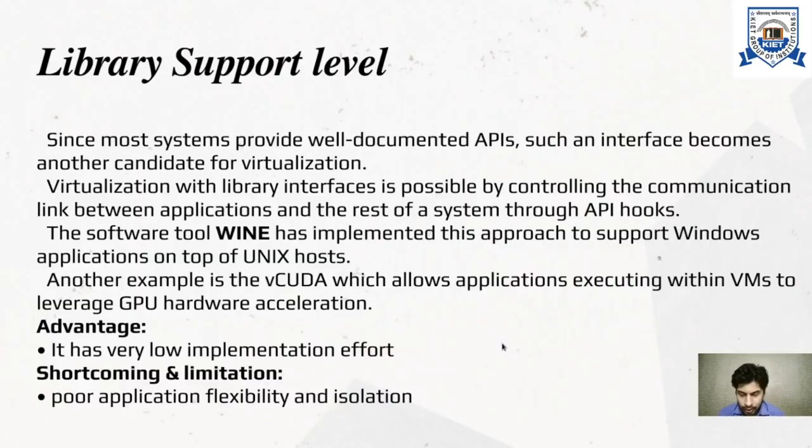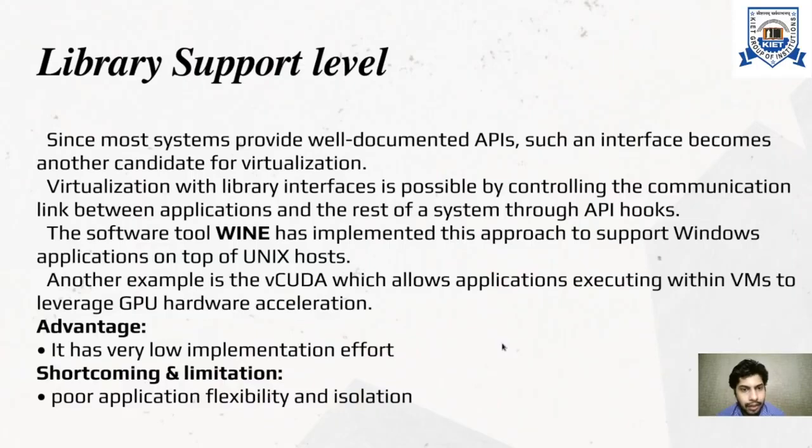As we all know, applications which are installed in a particular OS communicate with the OS or with the hardware with some APIs, with some libraries. And at this stage, in this particular scenario, we are actually virtualizing at library level.